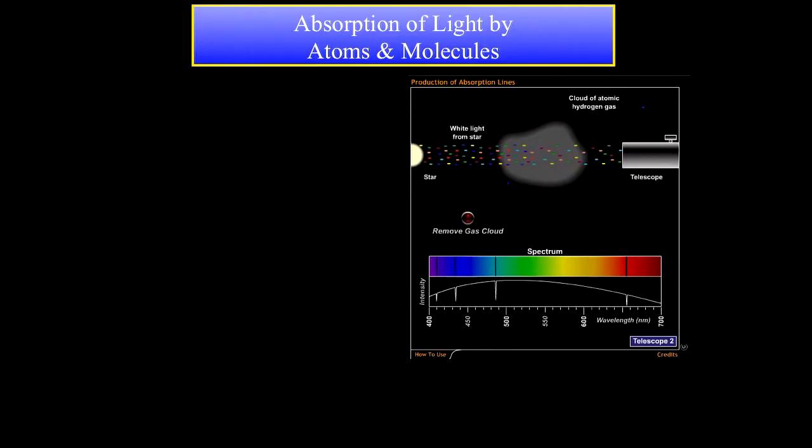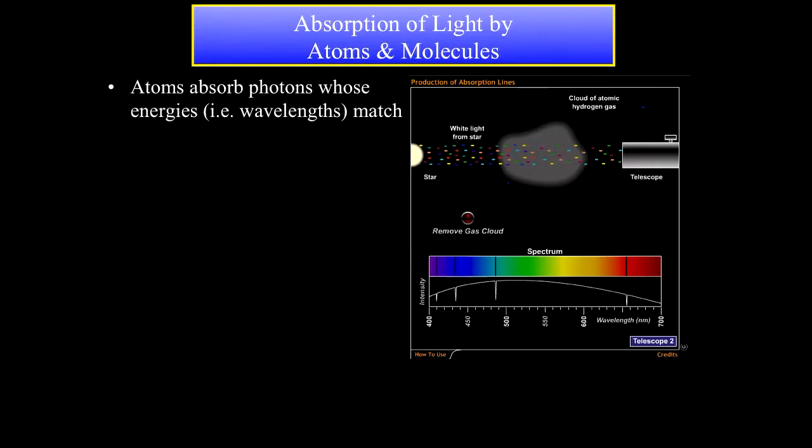So whatever types of atoms are in that cloud determine what energy levels there are in those atoms, and therefore which photons, of which energies, can be absorbed by those atoms. So I'll summarize that here.